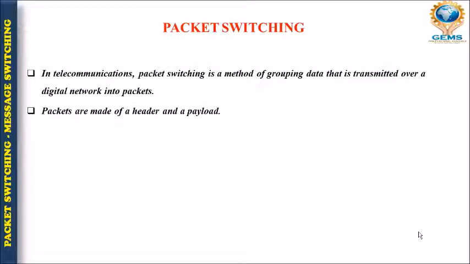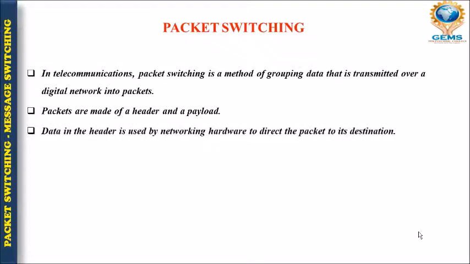Packets are made up of a header and some payload. The data in the header is used by networking hardware to direct the packet to its destination. So the header is used to direct the packet in which direction it will proceed to the destination, and the payload is extracted and used by some software.